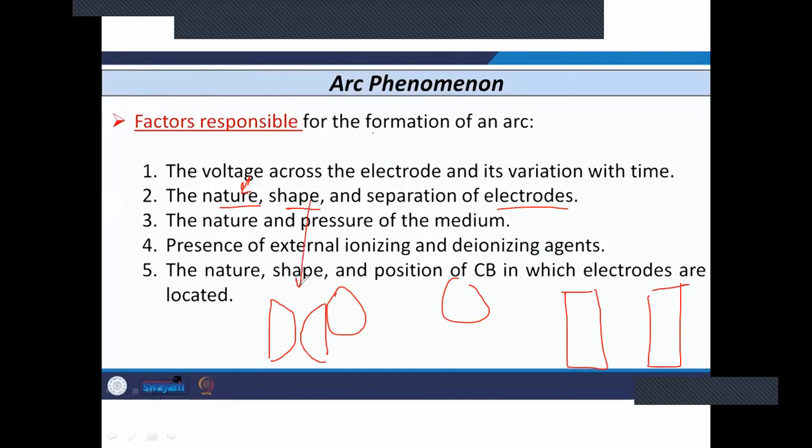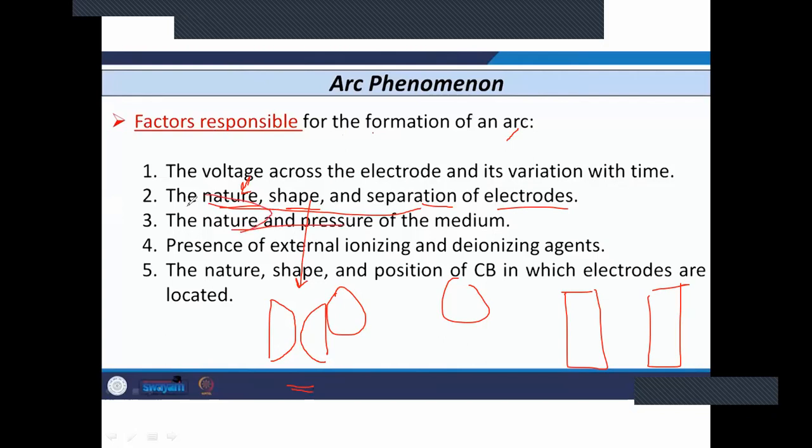These types of electrodes are good for a uniform field. And the separation of the electrodes. So the arc also depends on the nature, separation, and shape of the electrodes. The nature and the pressure of the medium.